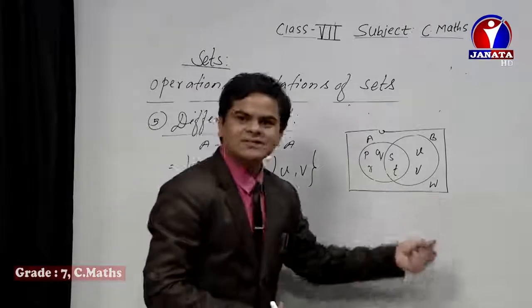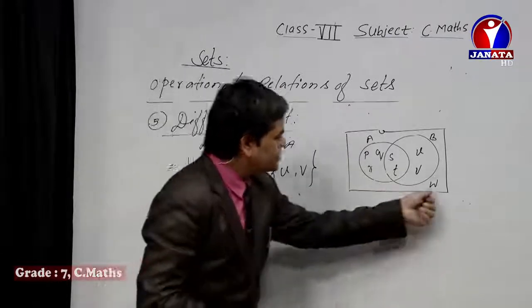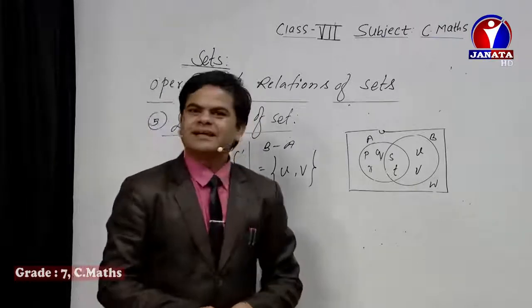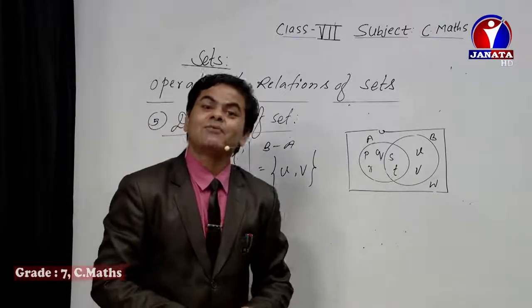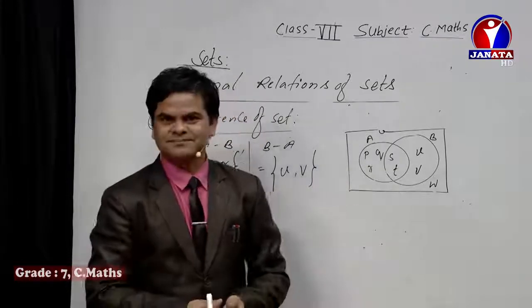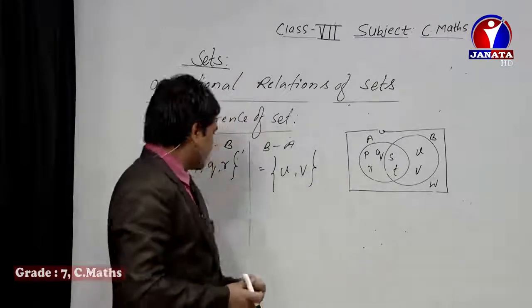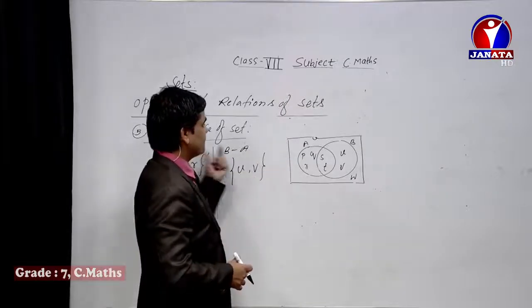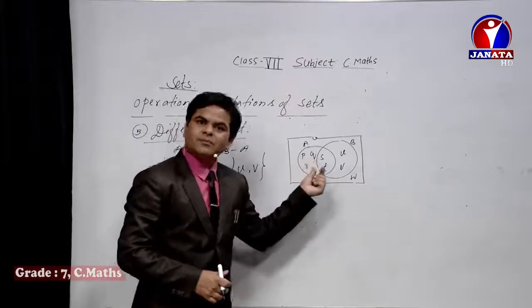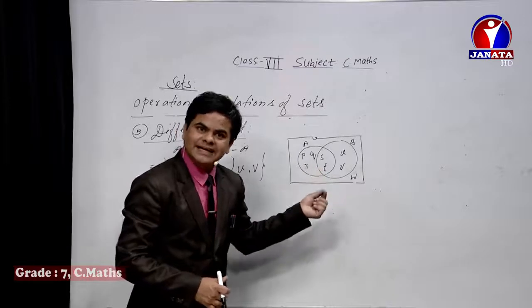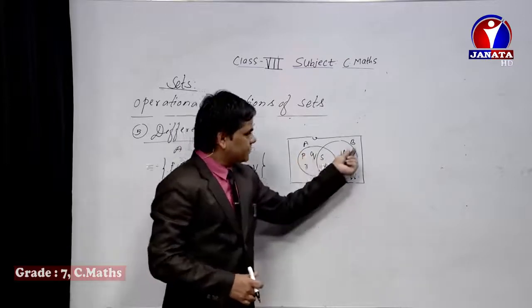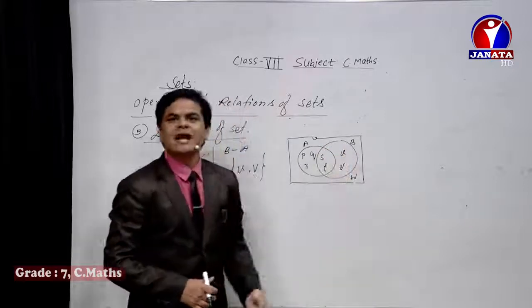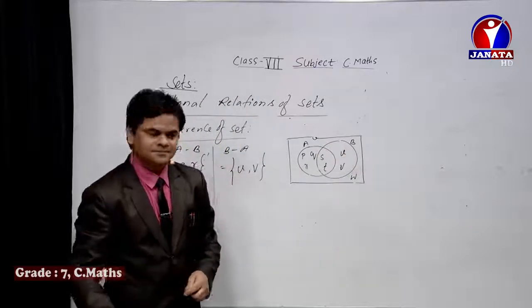It means he or she may want to have other fruits, dear students. So these are the difference of set. A difference B represents the people who like only apple, and B difference A represents the people who like only banana.